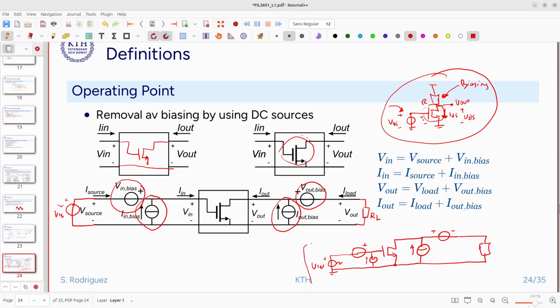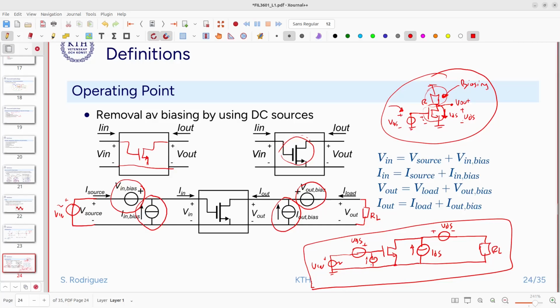But placing the expected IDS and the VDS that we want, and the VGS that is needed to produce this IDS here, it makes it very, very easy for us to work with transistors that are not connected to a biasing network. Because we added this, it is because of biasing purposes. So in this case, we just connected this resistor as a load.